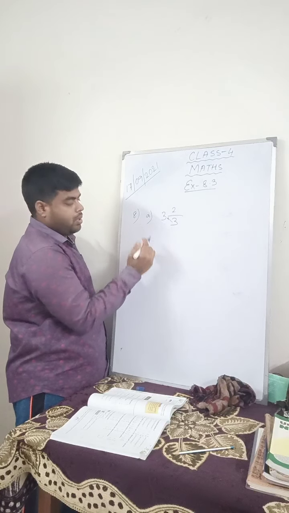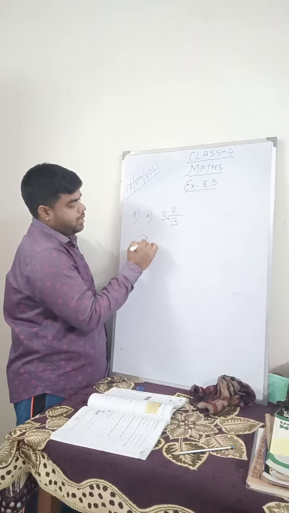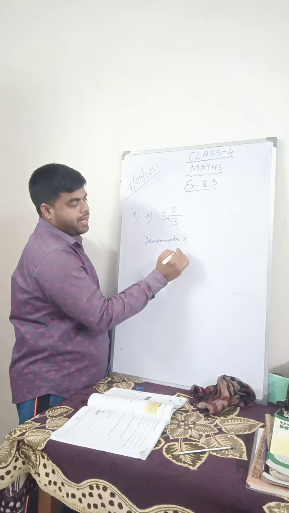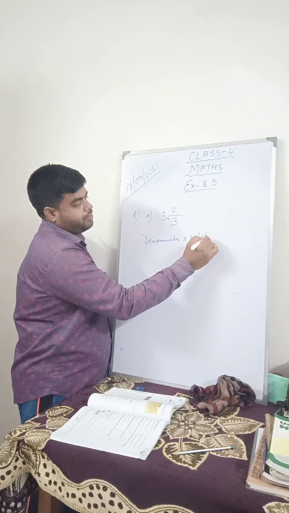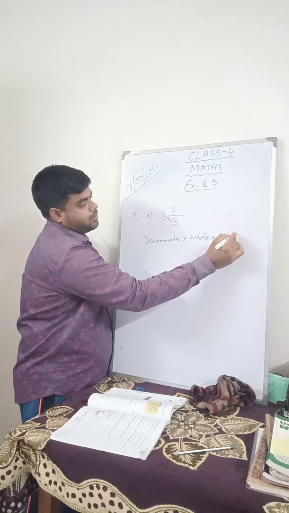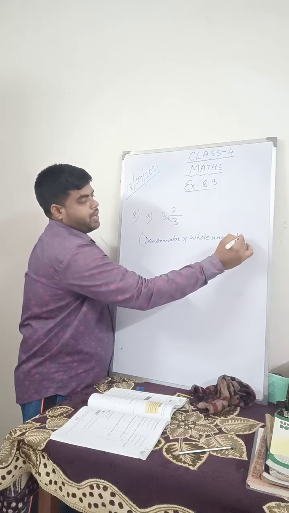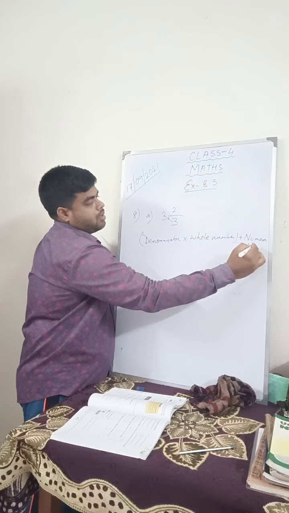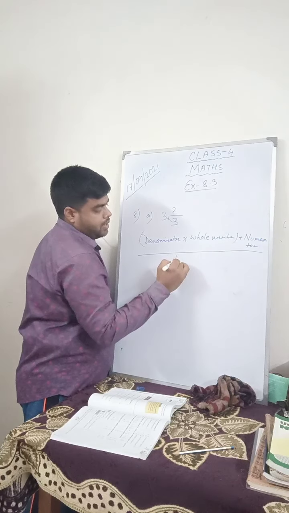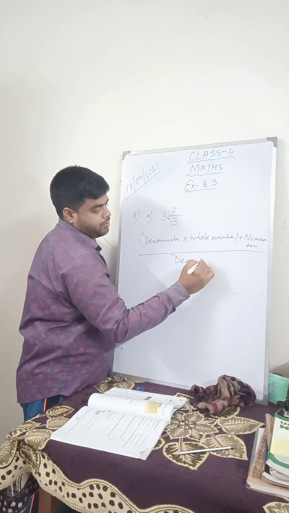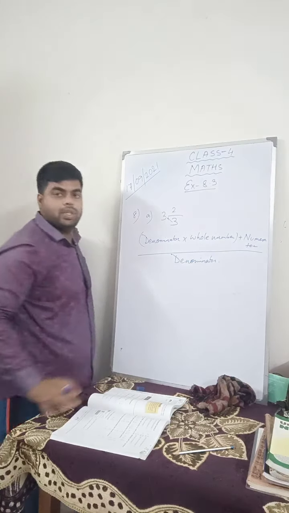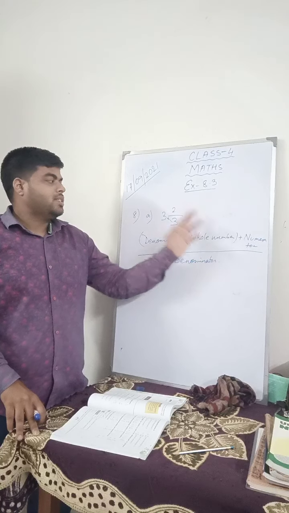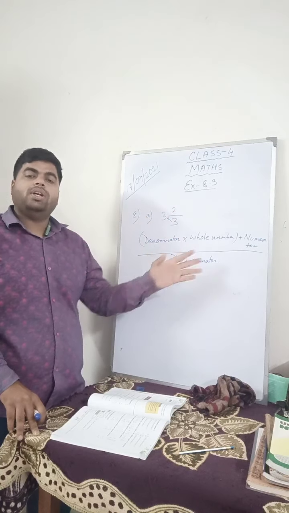I am writing the formula: denominator multiplied by whole number, plus the numerator, whole divided by denominator.